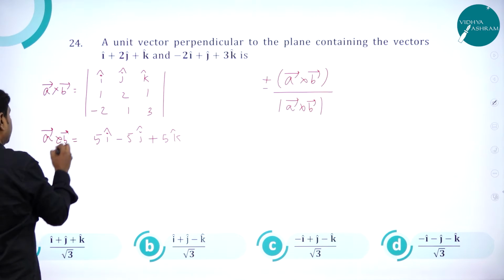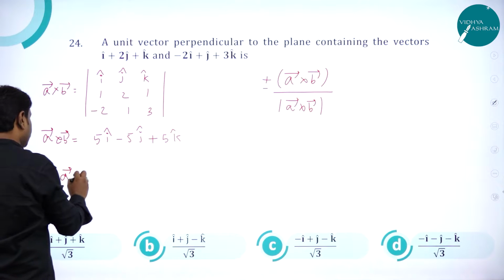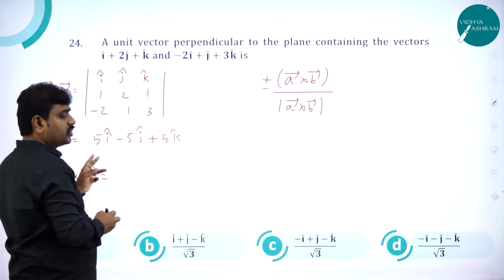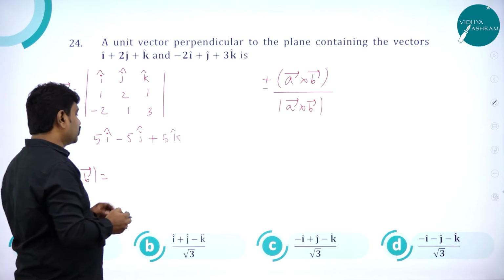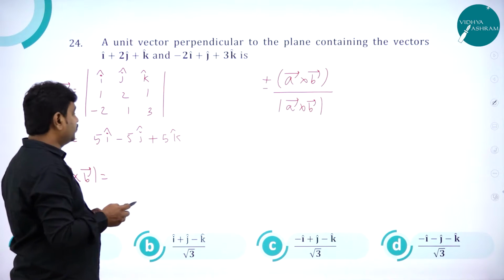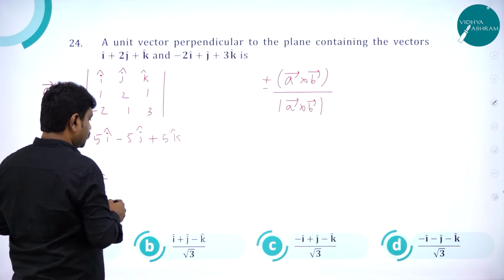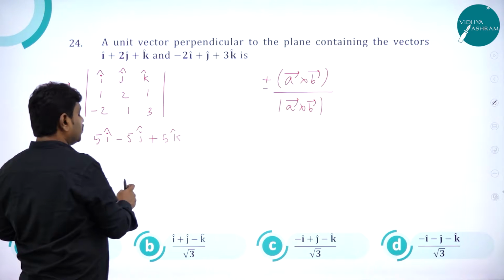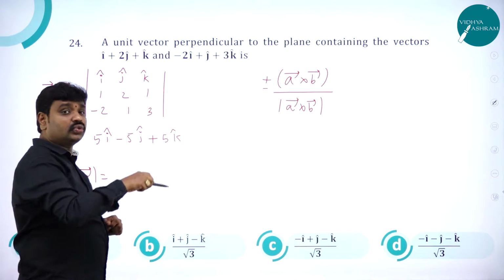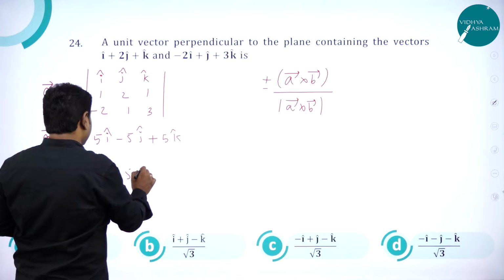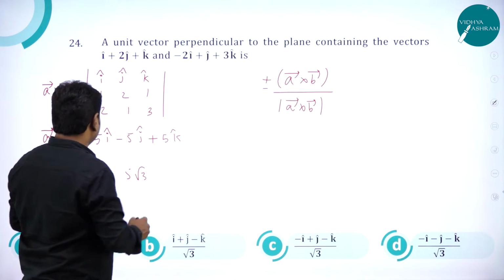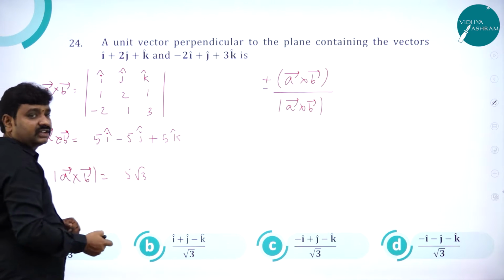Now also I'll find magnitude of A cross B. Magnitude of A cross B is what? 5 square 25, 5 square 25, 5 square 25, 25 plus 25 plus 25 is 75, root 75 can be written as 25 into 3, so 5 root 3. This is the magnitude. So now when we divide, 5 cancels.